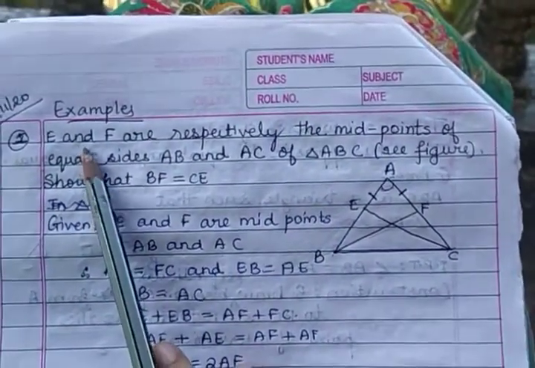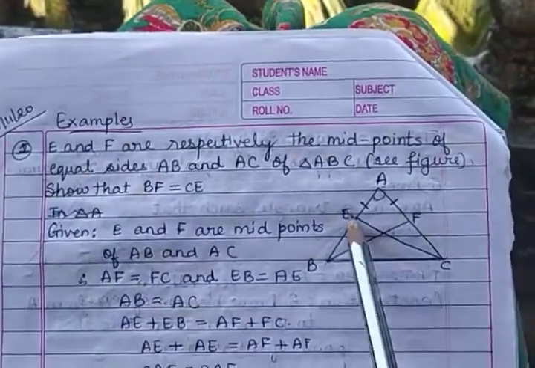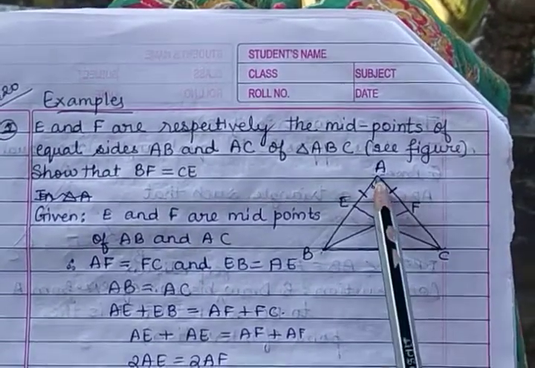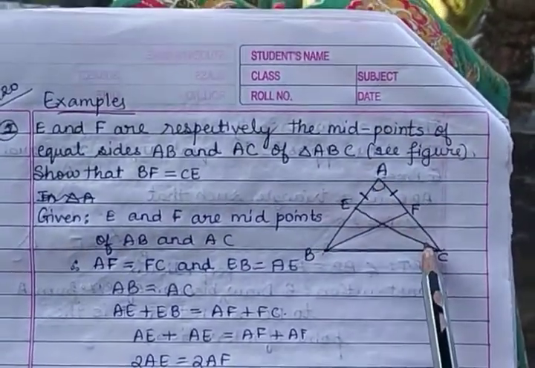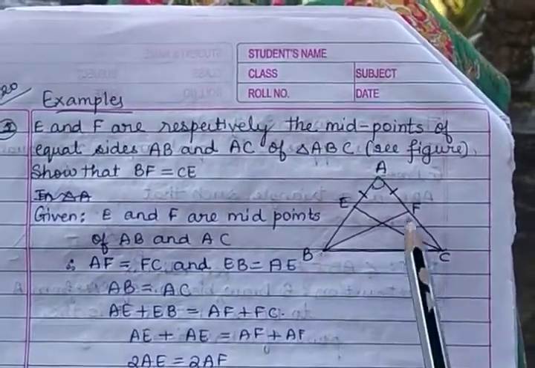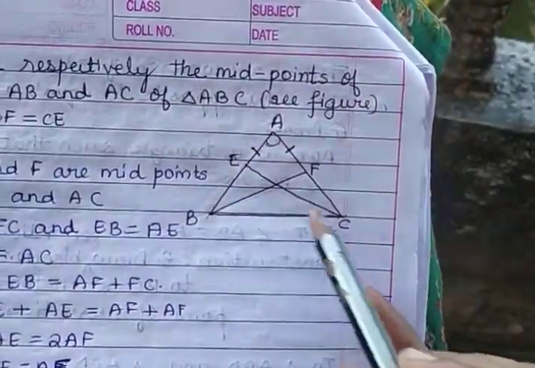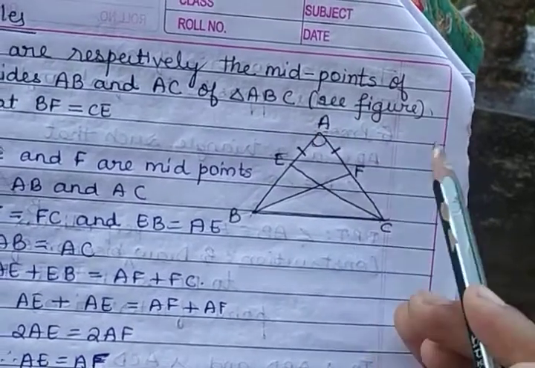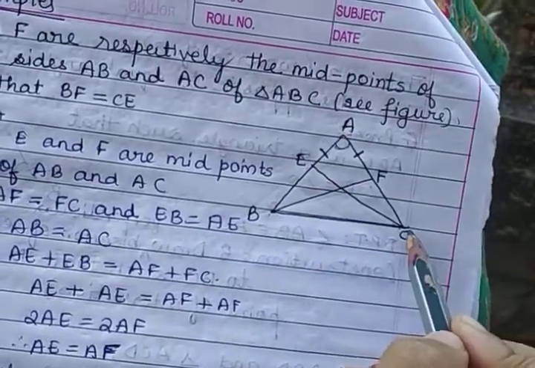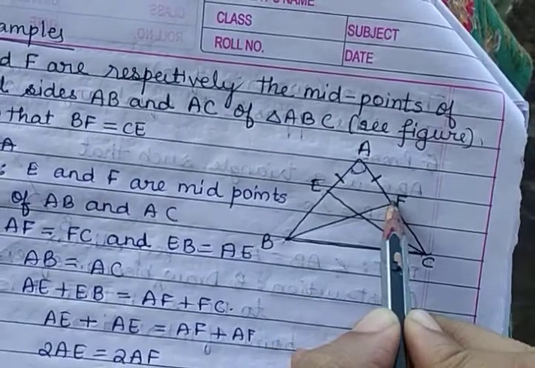Here the first example says: E and F are respectively the midpoints of equal sides AB and AC of triangle ABC. Show that BF is equal to CE. So you are given a triangle ABC where AB equals AC, and you have CE and BF joined together.